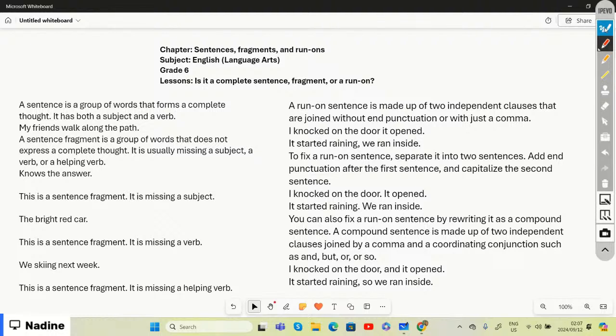Remember, within a complete sentence, we have both a subject as well as a verb. So you should try not to make the mistake of leaving out a verb or leaving out a subject, or just going on and on and on without adding your end punctuation, by running on.